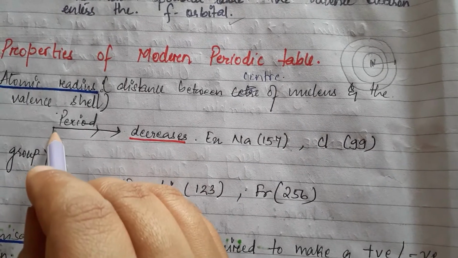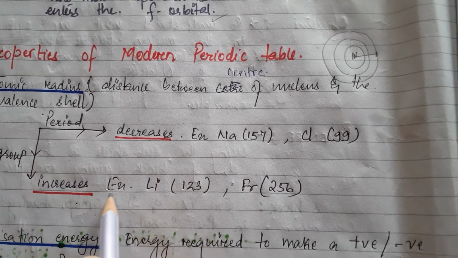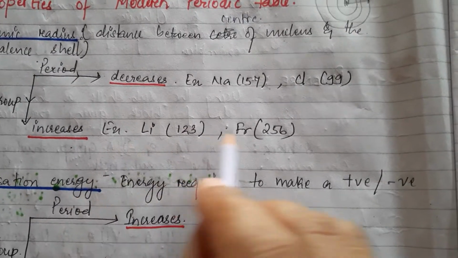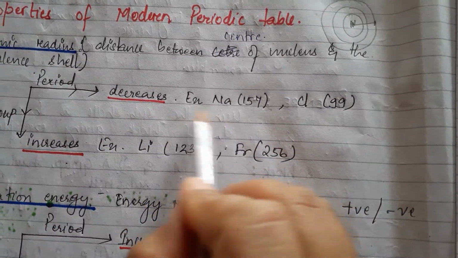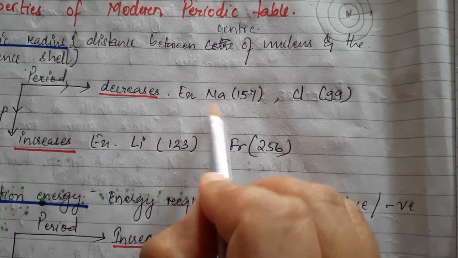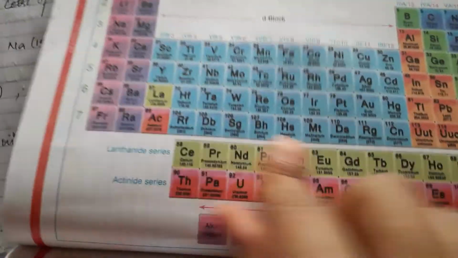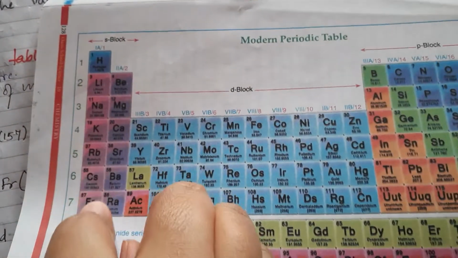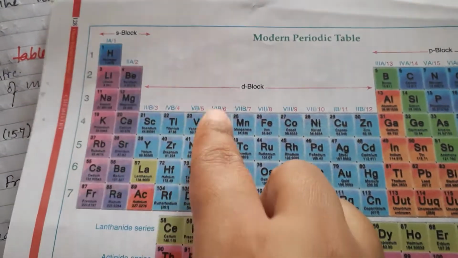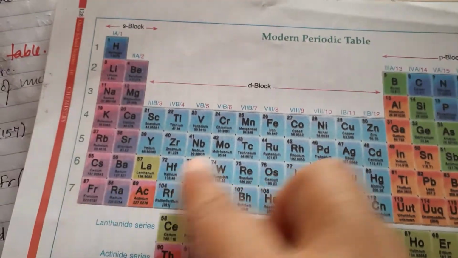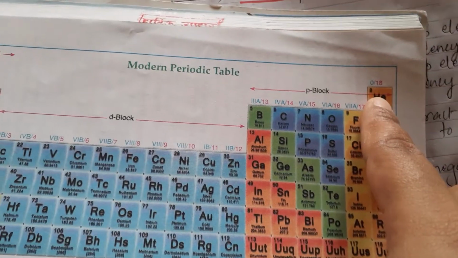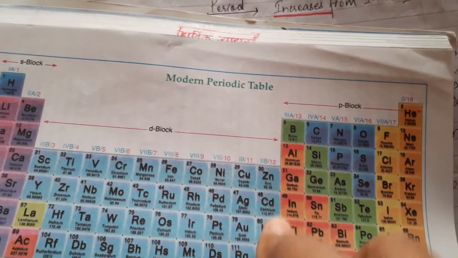When we move in a group from top to bottom, our atomic radius increases. From top to bottom these are groups, and left to right these are periods. So we have 7 periods and 18 groups, these columns.